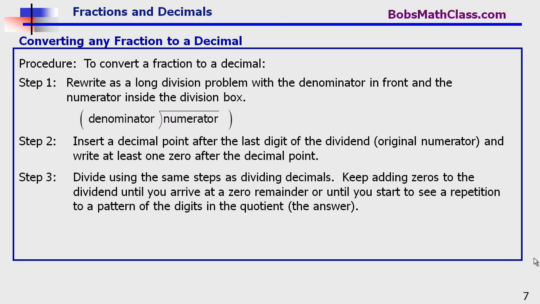Divide using the same steps as dividing with decimals. Add zeros to the dividend until you arrive at a zero remainder, or until you start seeing a repetition of a pattern of digits in the quotient. So if you see a pattern, you can stop. If this goes on 3, 3, 3, 3, then stop. If you see 4, 5, 4, 5, 4, 5, then stop.